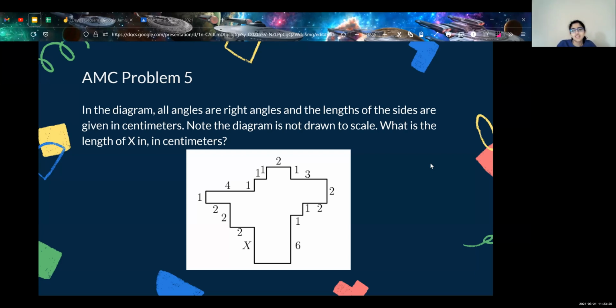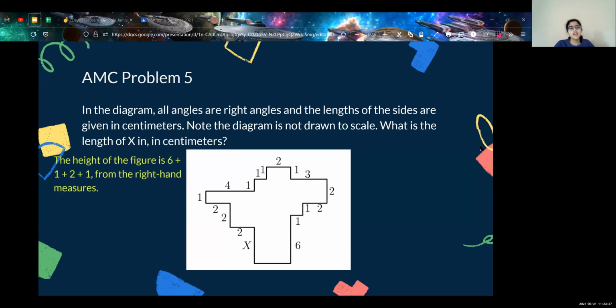It is probably off by like 0.1 or something, so they say it's not to scale. They say that the diagram is not drawn to scale, so you don't just take out your ruler and measure. So I've gotten another answer.